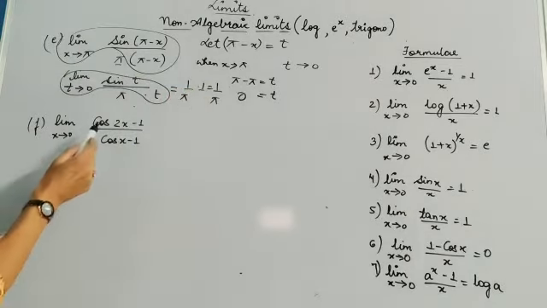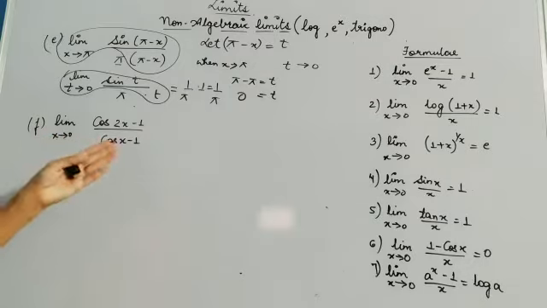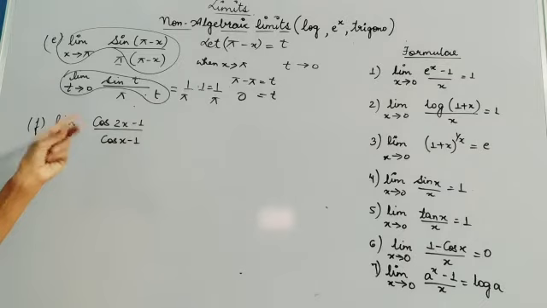Here it is given cos 2x minus 1. That means I have to apply the cos 2x formula, and I know that the cos 2x formula can be written in 4 ways, but I will choose the formula in which I get only cos x.